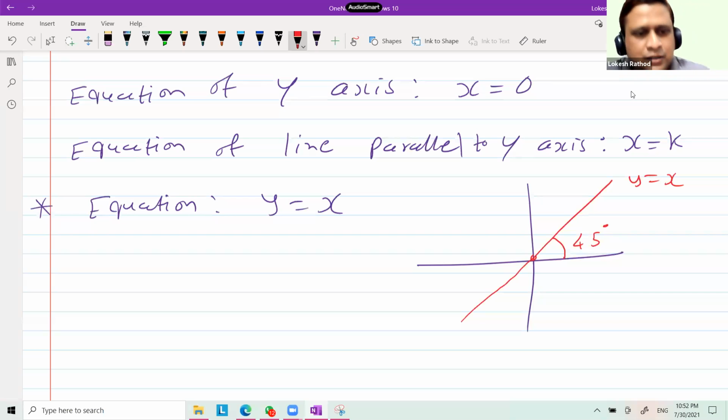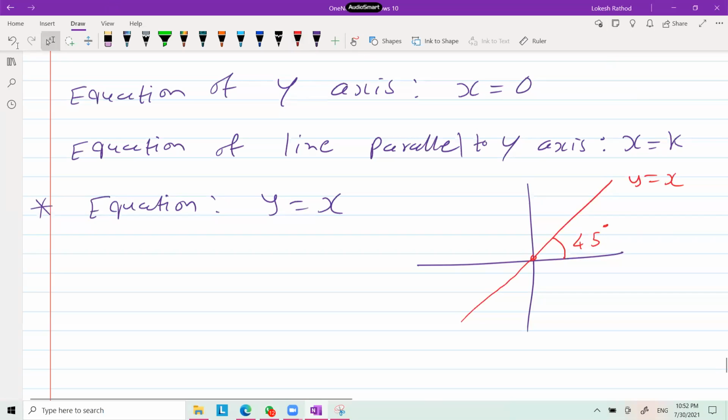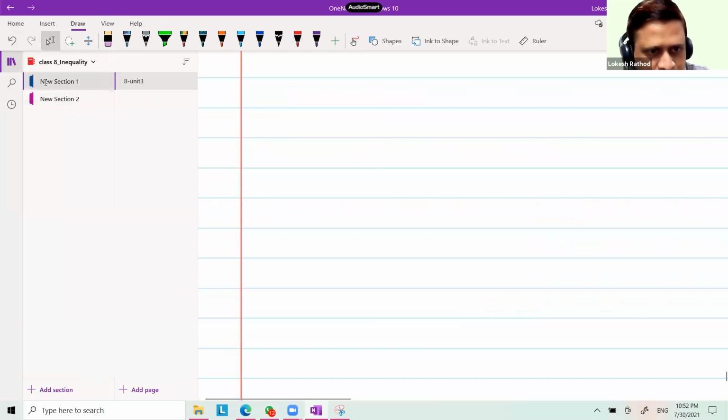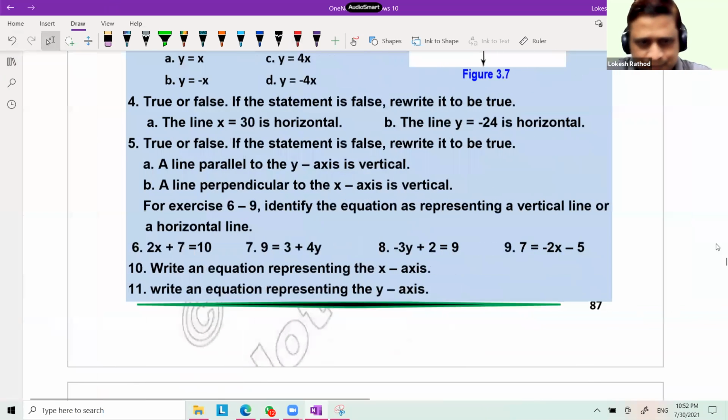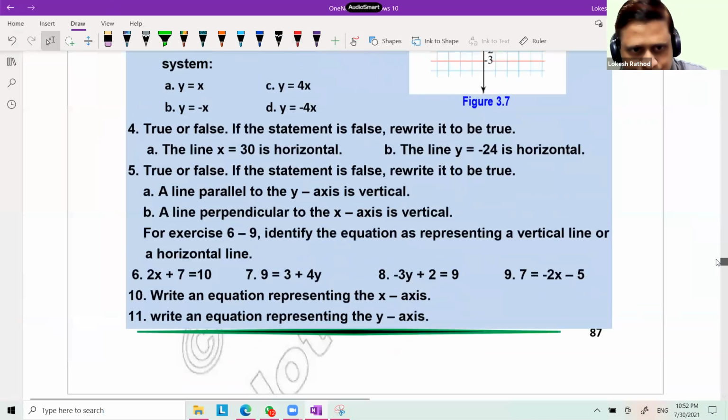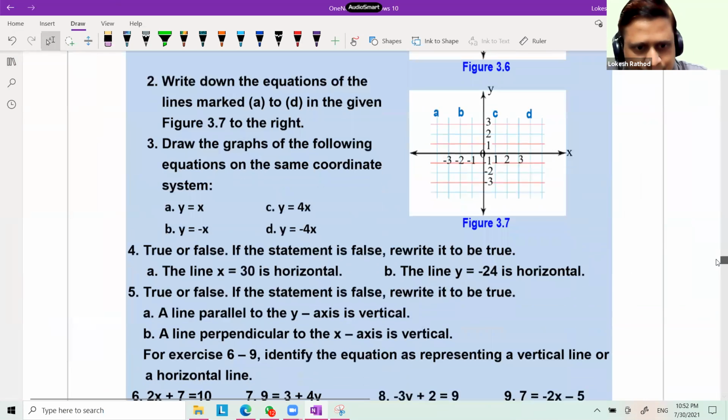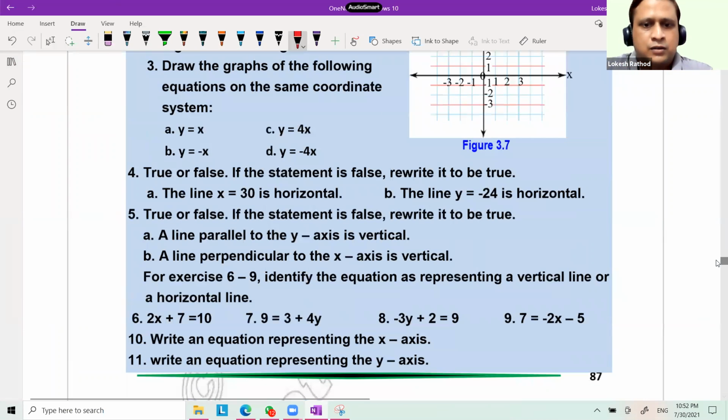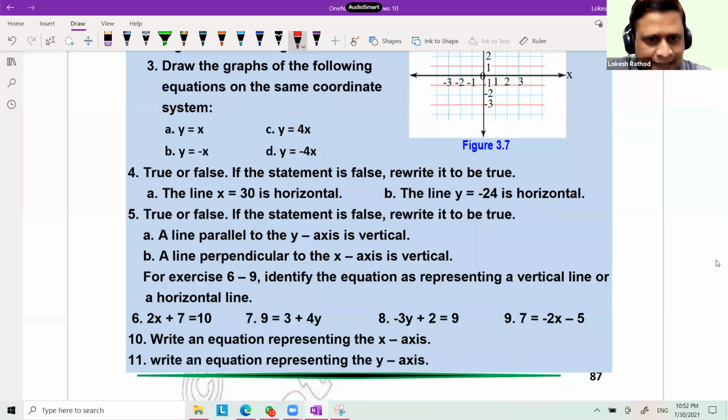Okay, so let's go back to the book and see what they are saying. The line x equal to 30 is horizontal. Is it true? x equal to 30 is not horizontal, because it is the equation of a line parallel to the y-axis.